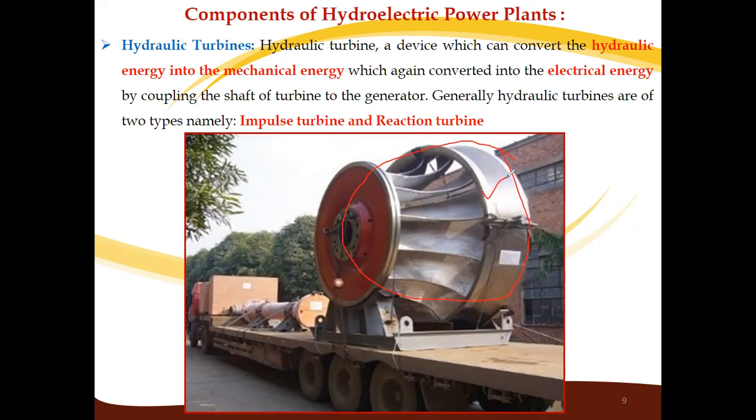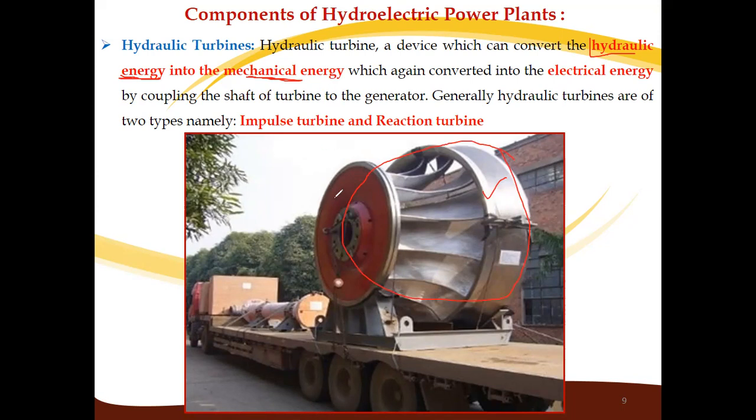A hydraulic turbine is a device which converts hydraulic energy, which is nothing but the kinetic energy of water, into mechanical energy. Mechanical energy is a rotational energy. So a hydraulic turbine is a device which converts hydraulic energy into mechanical energy.